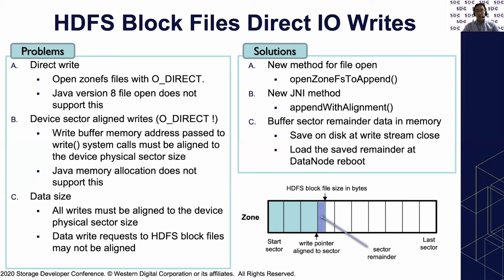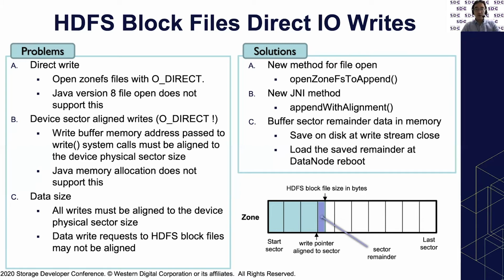As for the second problem, a new JNI method can be implemented. It allocates the aligned starting address. Write data in the Java byte buffer is copied to this aligned buffer, then passed to the write system call.